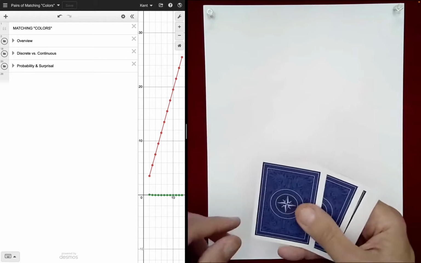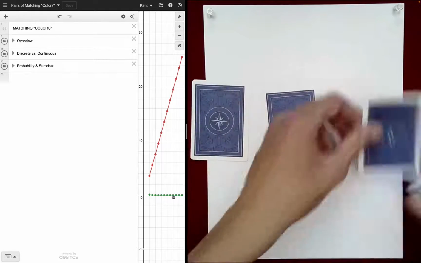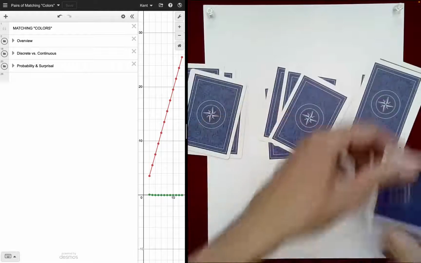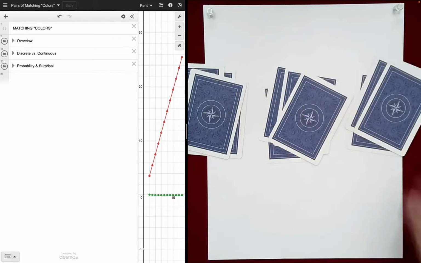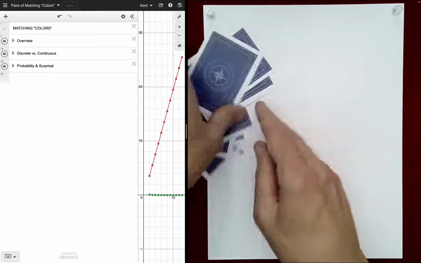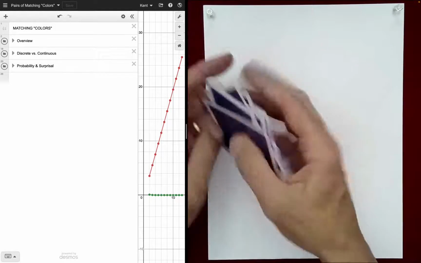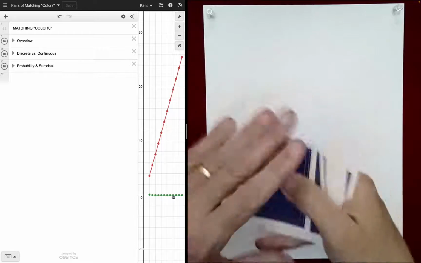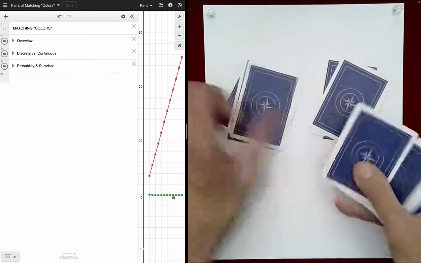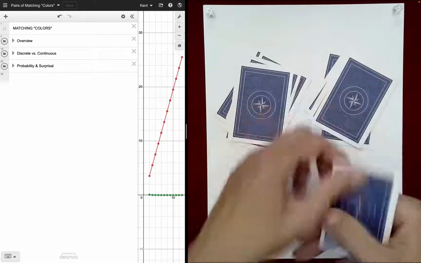What would you like? 3 piles? Okay, so we'll do it into 3 piles. How would you like these stacked? Left to right or right to left? Okay, very good. Would you like me to deal out into, let's say, 2 piles? You would, okay? Would you like the cards stacked left on right or right on left?